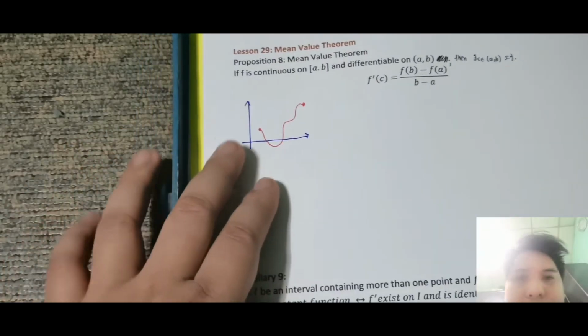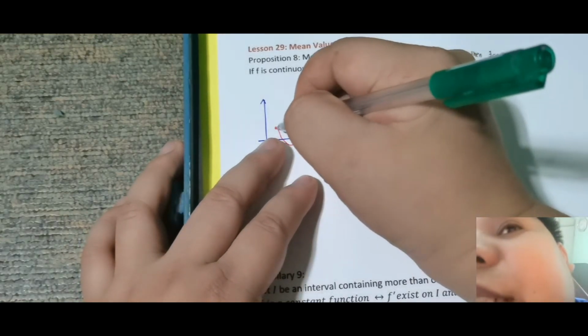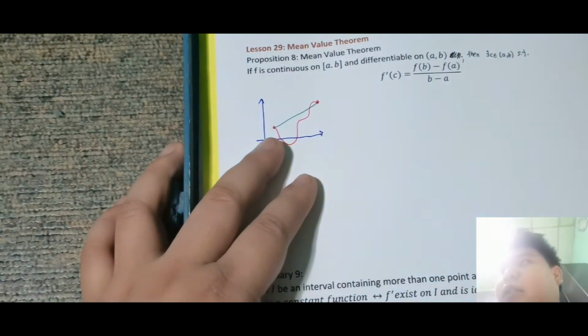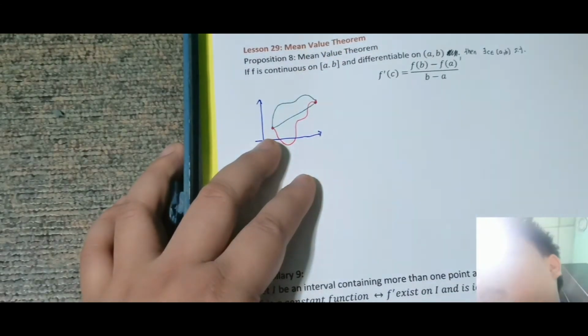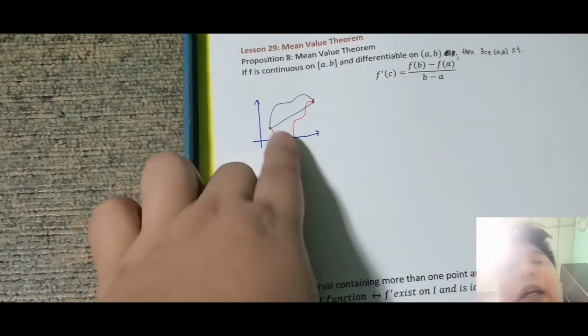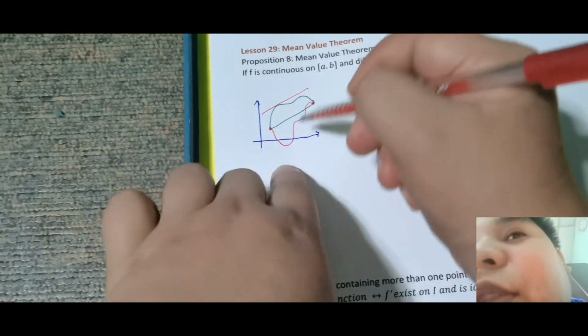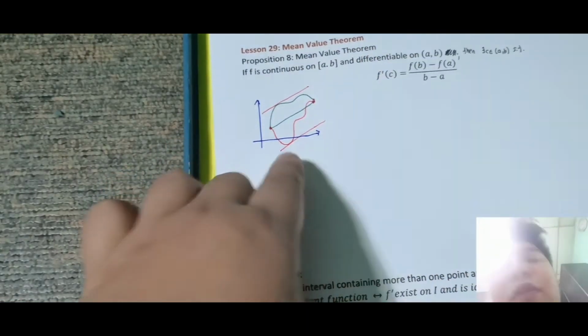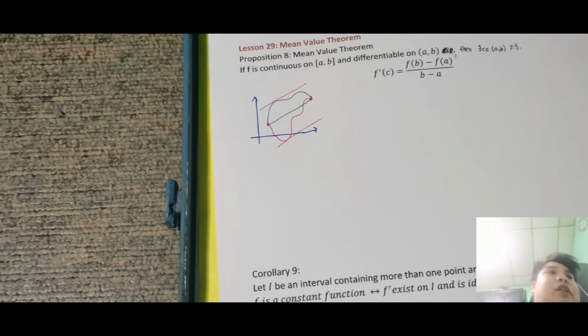So ano bang ibig sabihin ni sir dyan? For example, dito, kinuha ko yung distance between dito sa dalawang to. Instead na kinukuha yung derivative, kinukuha ko rin yung distance between dito sa dalawang to. Parang ibig sabihin lang yan is hindi ko eksaktong pwedeng sabihin na para siyang average derivative, pero hindi naman siya totally yung ganun.